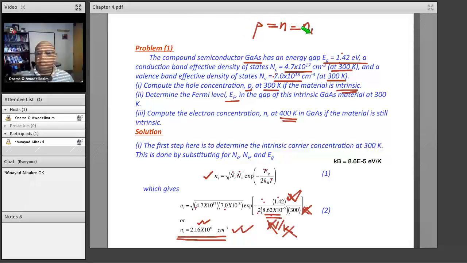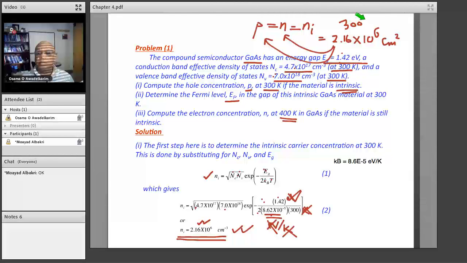And we got at 300 Kelvin 2.16 times 10 to the 6 per cubic centimeter. That is the concentration Ni that we get, and this Ni is equal to both the concentration of N and the concentration of P at 300 Kelvin.